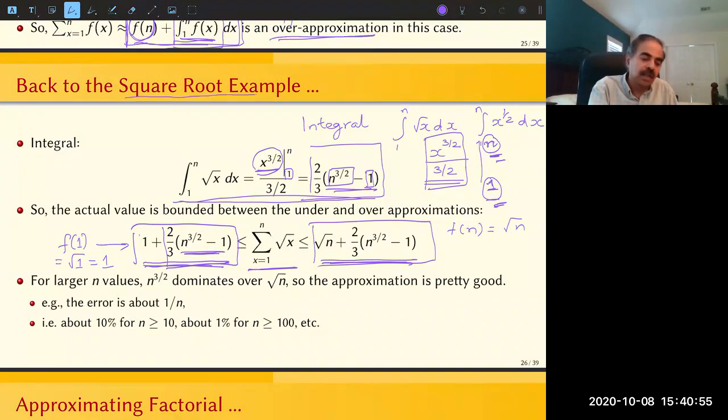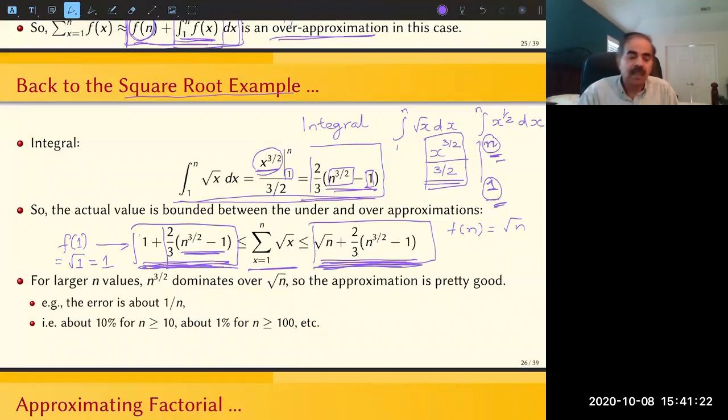So if you want to sum up the square root example, we end up with this range. And then, if you want to understand this number better, one thing you can do is ask what is the difference between these two quantities.